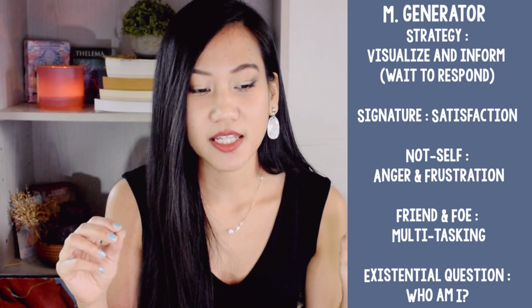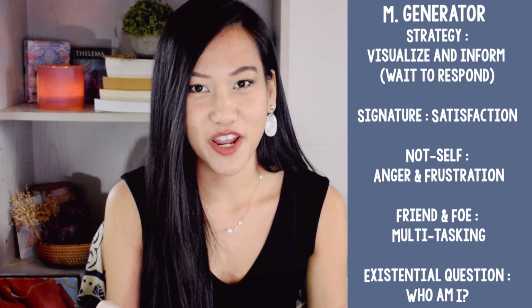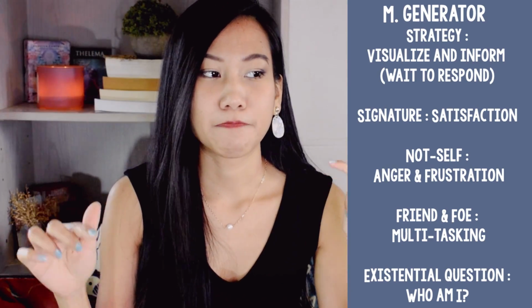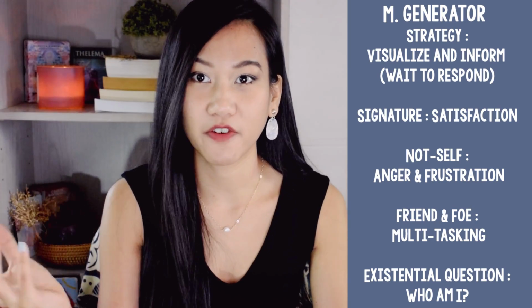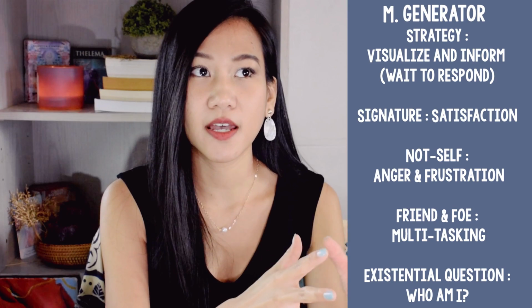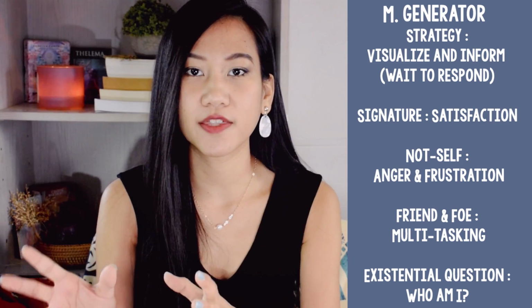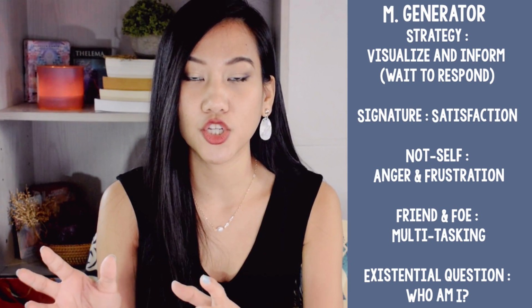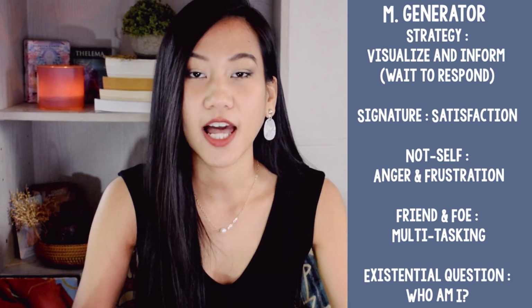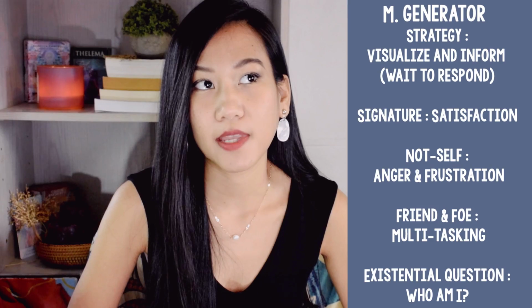So what tends to happen with the manifesting generator is that they will get a sign from their environment, like a generator would, that maybe it's a person, an idea, a job offer that they feel they want to initiate or they want to get into. They still have to wait to respond to that.